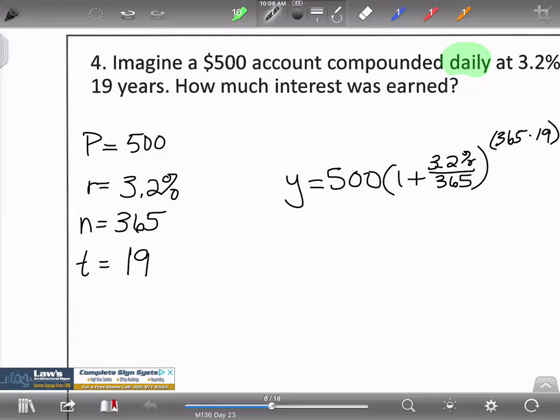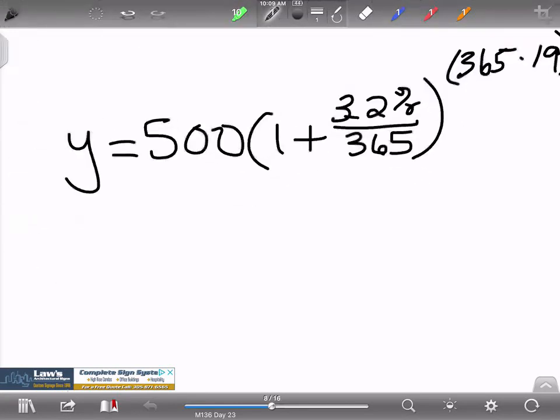So again, very carefully type this in your calculator. You should get an amount of $918.35.